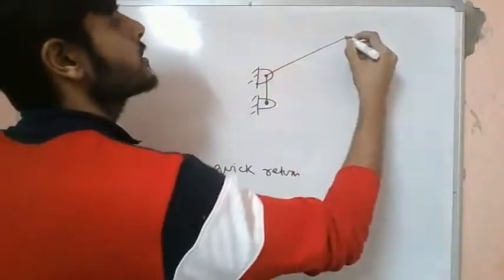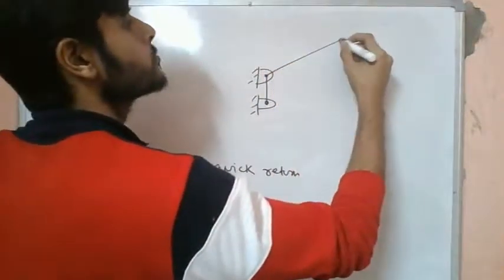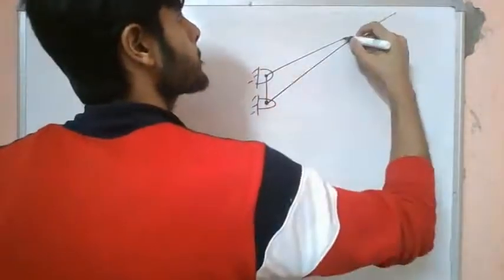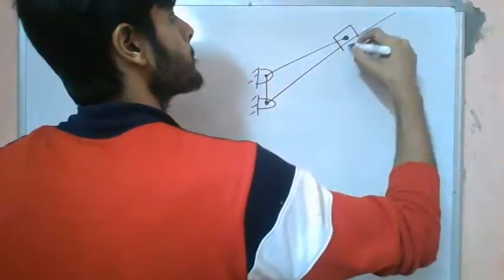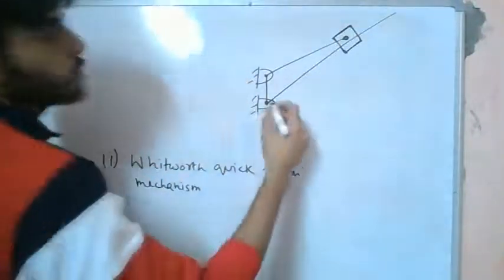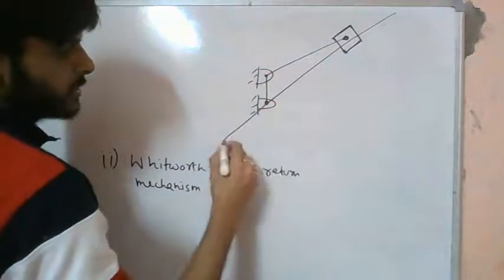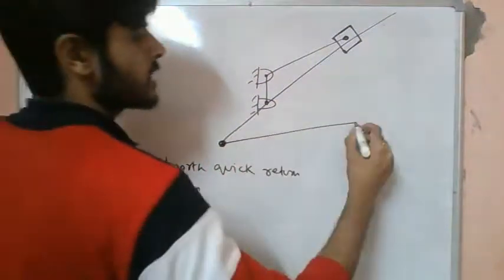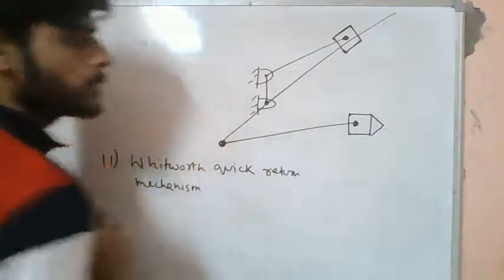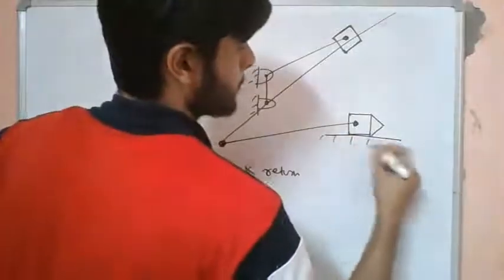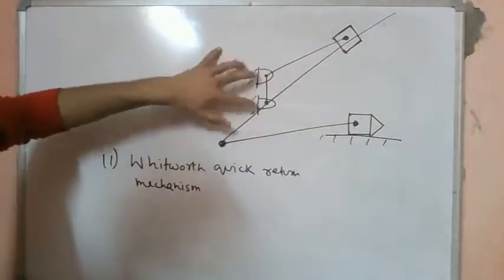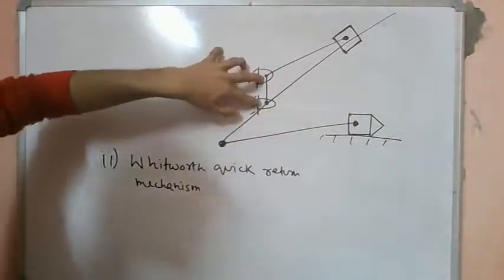We have a link like this, and we have a link like this. This link is extended like this, and from here we have another link connected like this, and this one is, let's say, another slider or a tool. So this is what we call a Whitworth quick return mechanism. The shortest link is fixed over here.